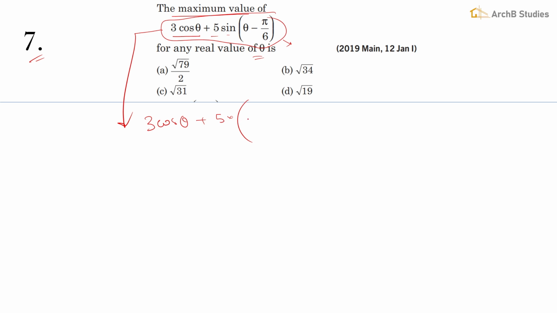Sin(a minus b) is sin a cos b minus sin b cos a.